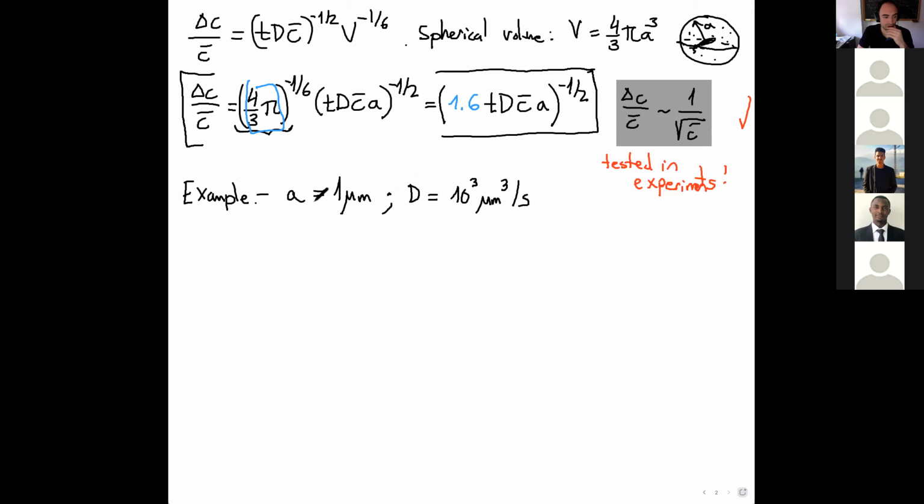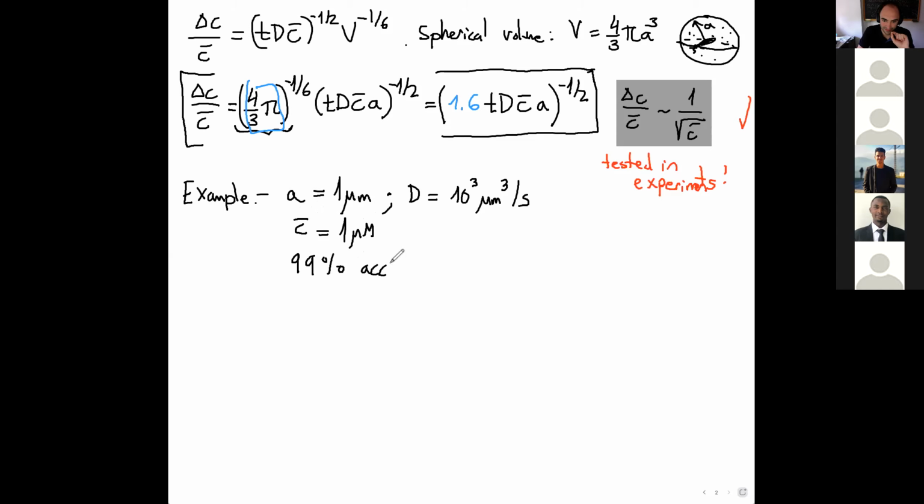Let's say I would like to know how long I need to measure in order to determine a concentration of, for example, 1 micromolar with an accuracy of 99%.